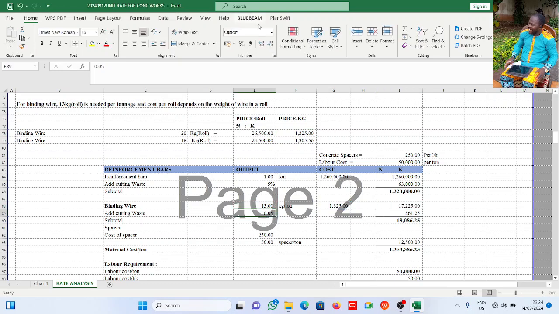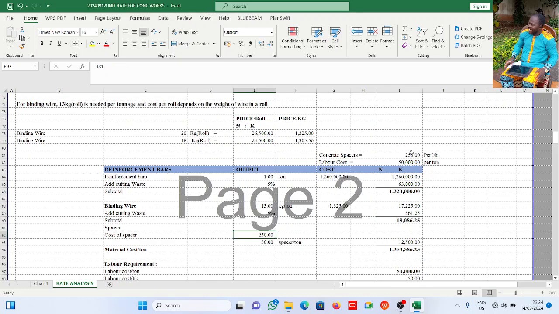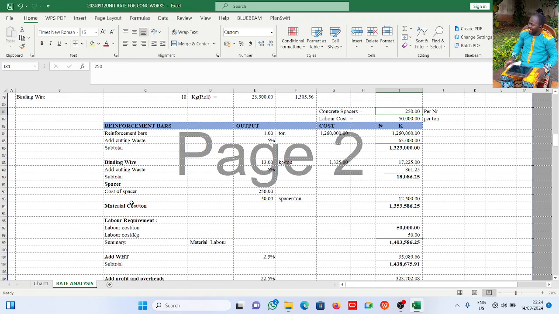Now I add cutting waste also 5% of this. Now we need spacers also. The cost of spacers is 250 like we established here, and we'll be needing 50 spacers per ton.